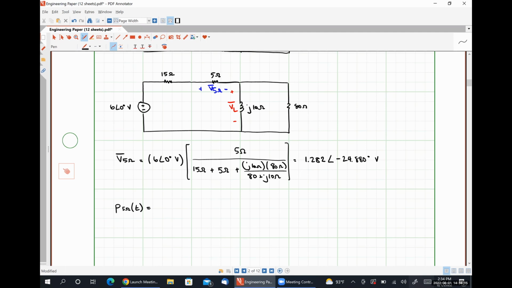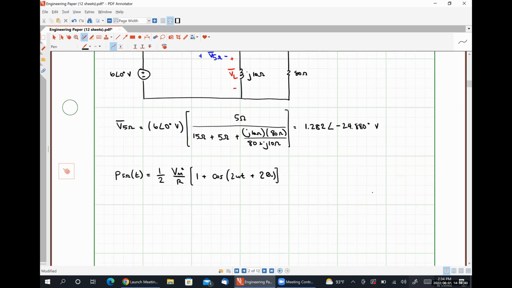So the power absorbed by the resistor, only knowing the voltage drop across the resistor, is given by 1/2 Vm squared over R times 1 plus the cosine of twice omega t plus twice theta v. So that's going to look like 1/2.